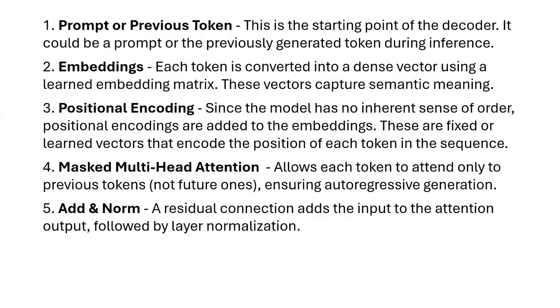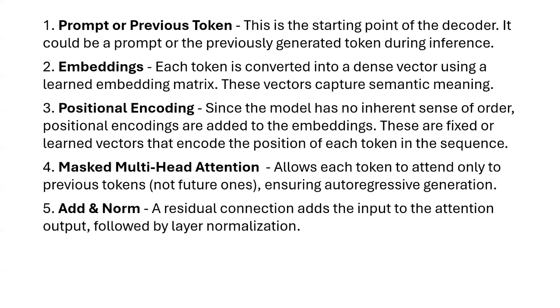So, this is what I was telling. First, we give some prompt, like when you type something in ChatGPT. Internally, each token, or to keep it simple, we say each word is a token, although there are different kinds of tokens. Just for simplicity, we will take this. Whatever we have entered, "the cat sat on the", every word is a token, which is converted into a dense vector using a learned embedding matrix.